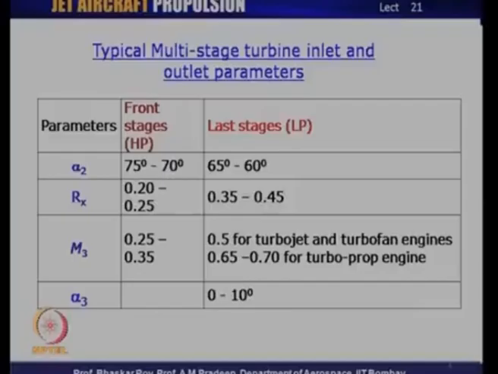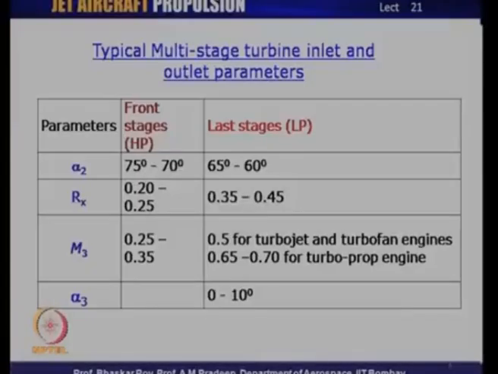Whereas in the later stages, the potential energy available in the LP turbines is somewhat of a lower order, and hence an effort is made to obtain more from the reaction force, because less is available from the impulse force for running of the turbine.